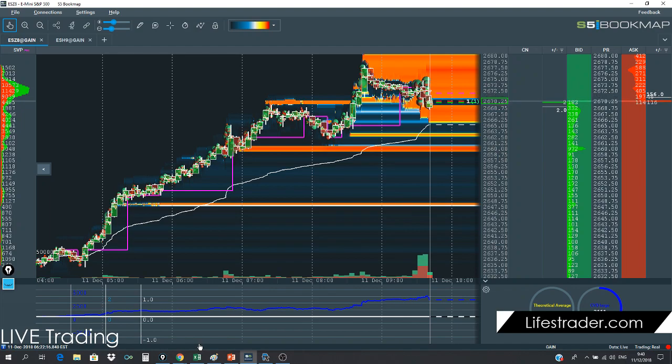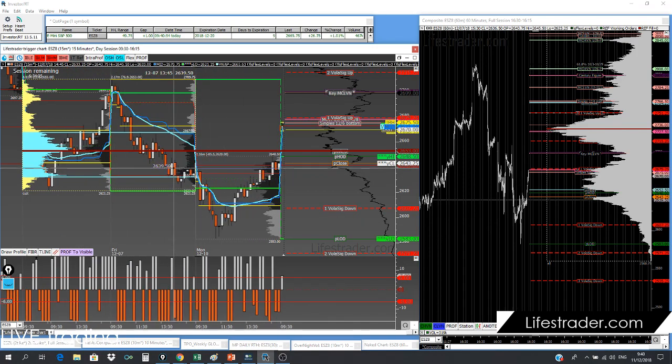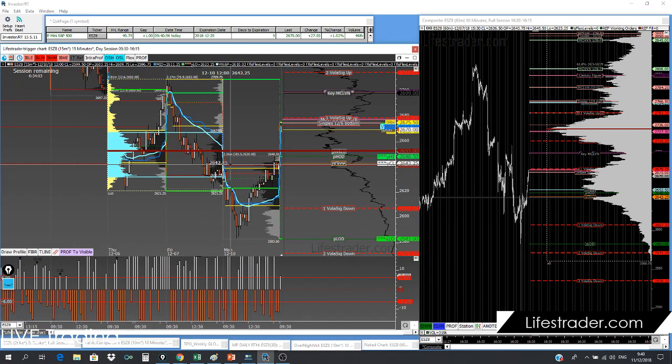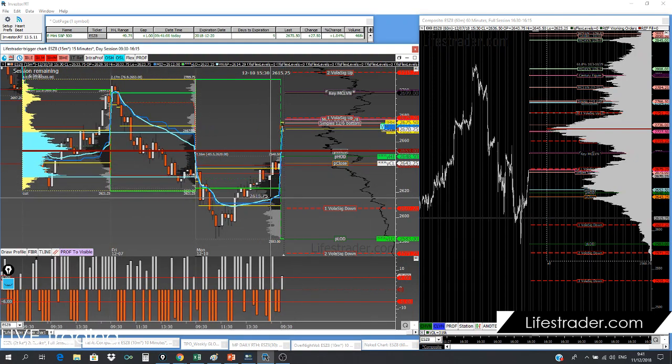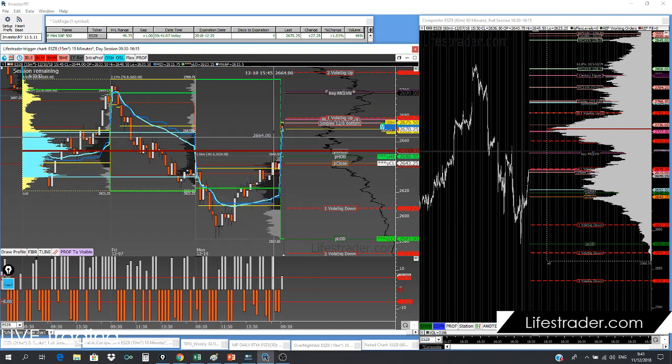For today's scenario, I couldn't use the previous day's distribution, the previous day's profiles. Why? Because we opened today far from the previous range, out of value and out of range.